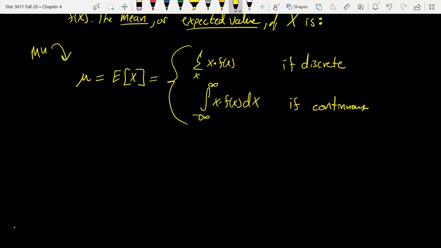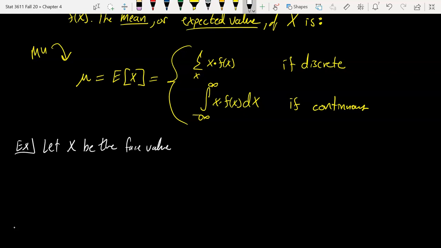So, I would like to dive into an example. Let x be the face value of a standard die roll.